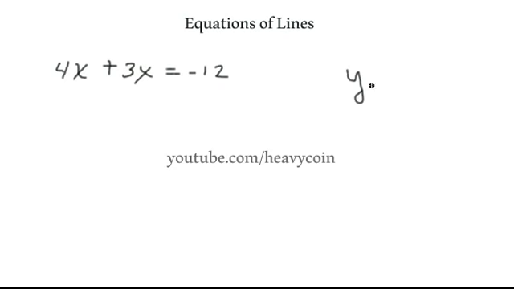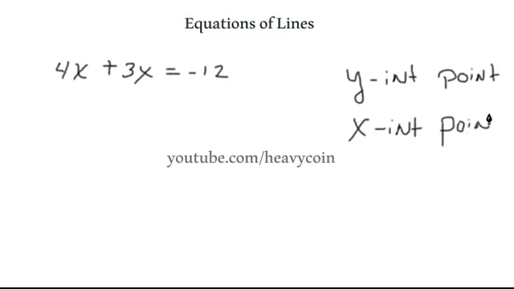First thing we want to find is the y-intercept point, that ordered pair. And then we want to find the x-intercept point. Once we have that, we just connect the dots and be done with it. I'm not going to actually draw a graph here. Let's not do a picture this time.